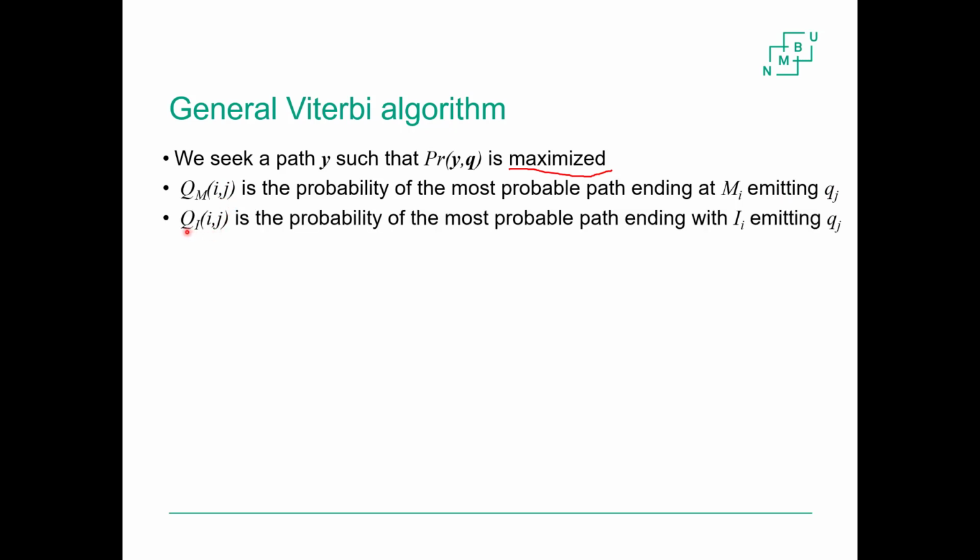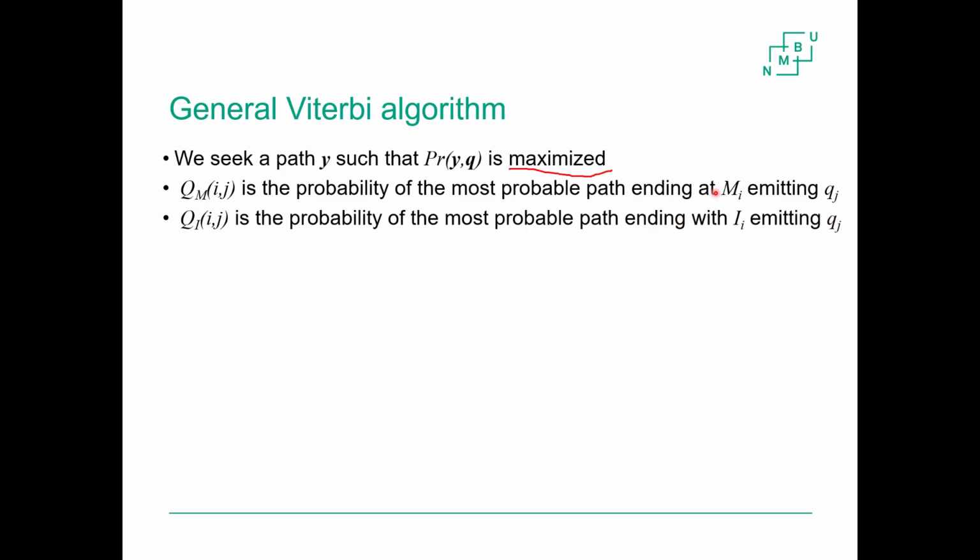We also have a similar matrix of exactly the same size, the same number of rows and columns. But this has different numbers. So if you are in row number I and column number J in this matrix, then this number is the probability of the most probable path again, but now ending in insert state number I, and then emitting this symbol.